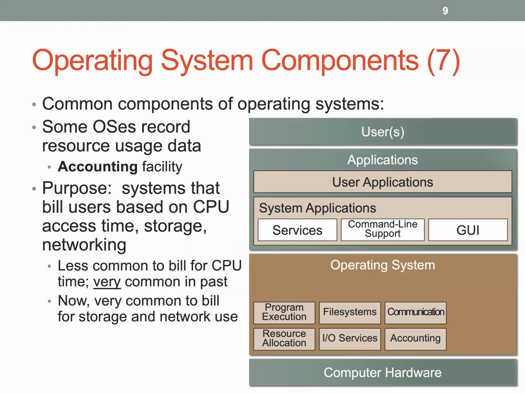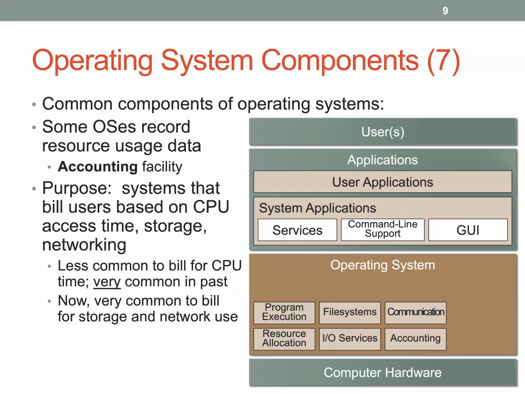I mentioned on the slide that it's less common to bill for CPU time. And what I mean is your user is running some number of processes, and the amount of time your processes spend running is billed to you. Well, nowadays, you just spin up a whole virtual instance. That's a lot easier.